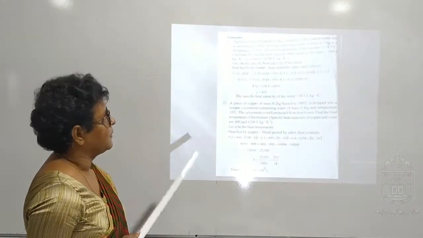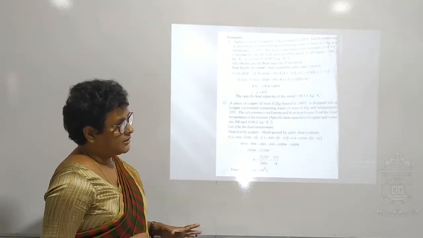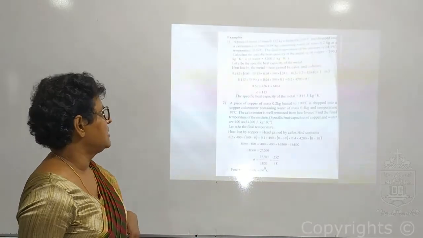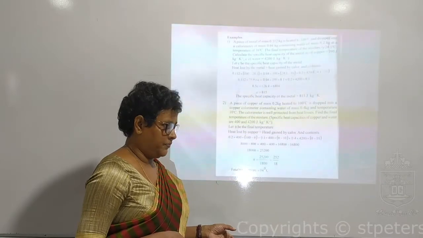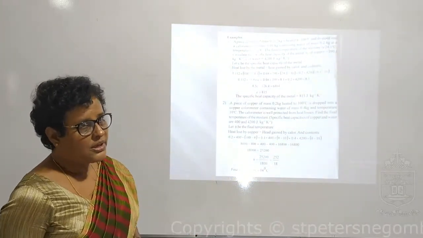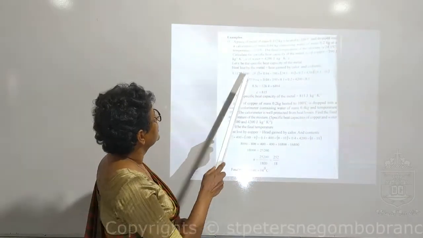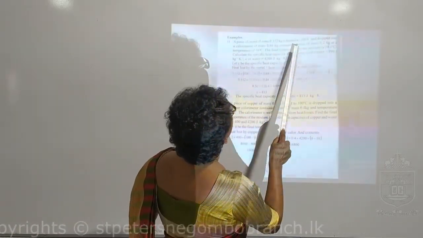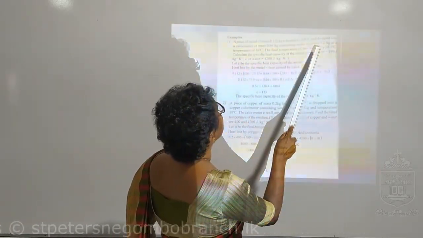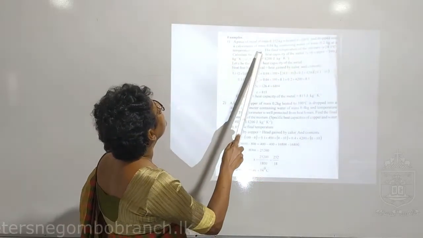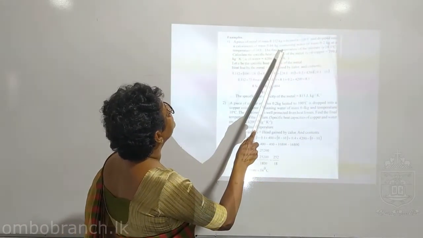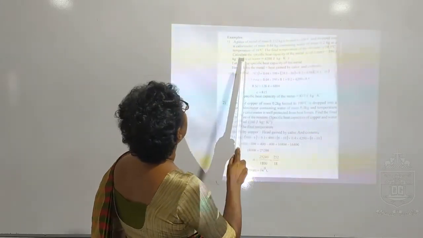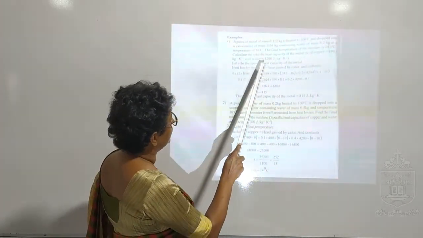Now see this example. Here we are using the energy conservation law. Heat given by the first object is equal to the heat obtained by the other object. A piece of metal of mass 0.122 kg is heated to 100 degrees Celsius and dropped into a calorimeter of mass 0.04 kg containing water of mass 0.2 kg at a temperature of 16 degrees.